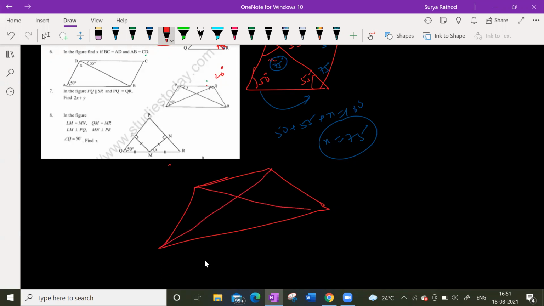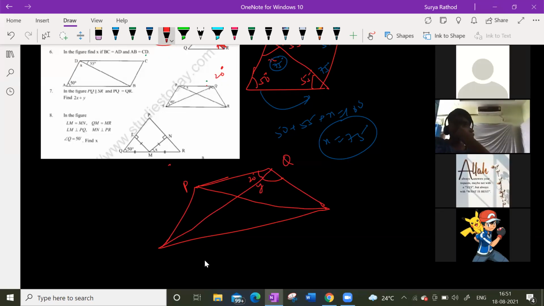Okay. Look at this. This is the diagram given. So he has given here P, Q. Here he has given 20. He has given the total thing as Y. He has given 40 here. 20 is missing here. Keep it as 20. So Y is equal to what?